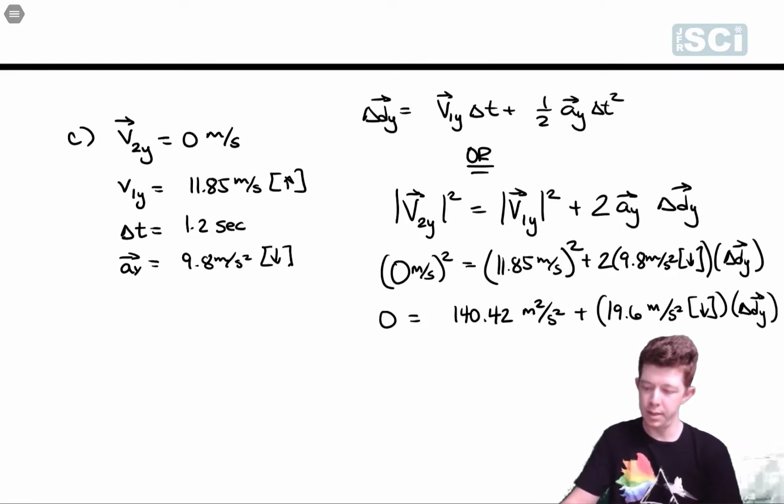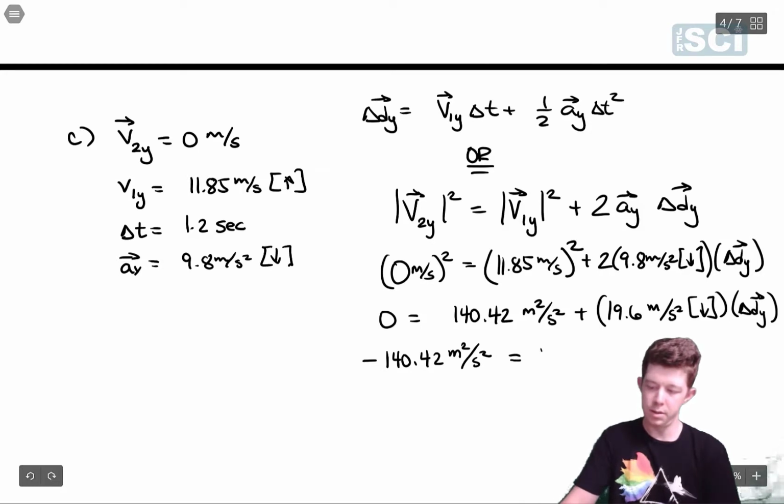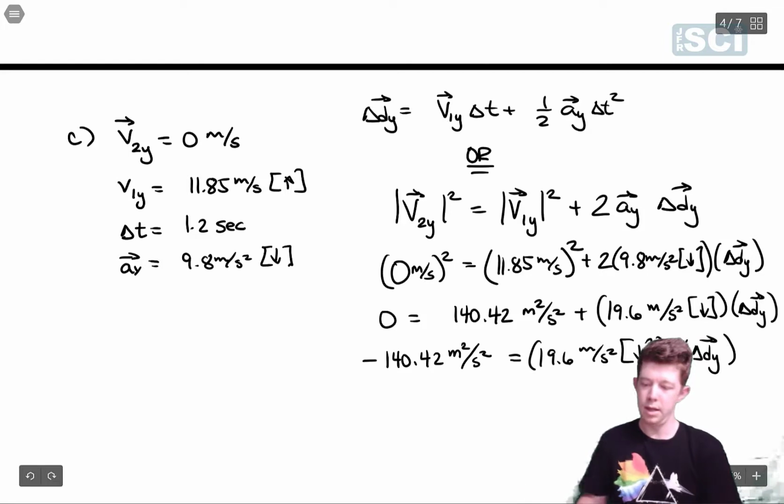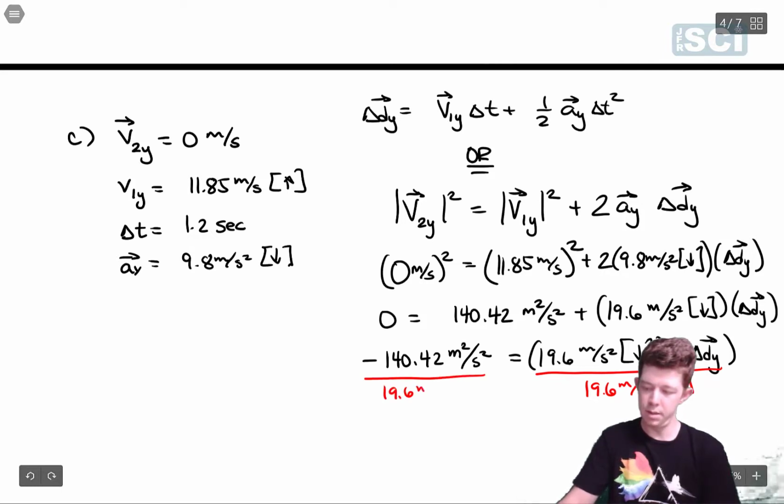And we can rearrange this. We get negative 140.42 meters squared divided by seconds squared is equal to 19.6 meters per second squared downwards multiplied by delta dy. I'm going to divide both sides by that 19.6 meters per second squared downwards.